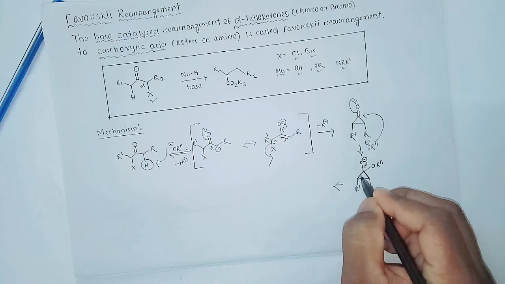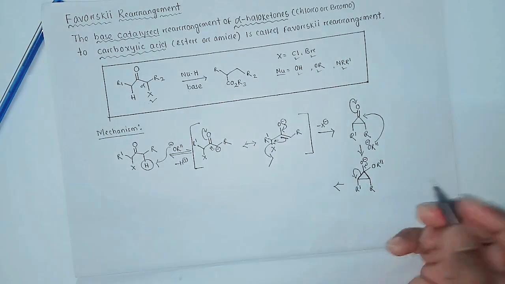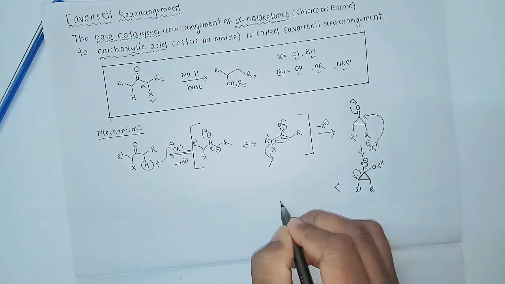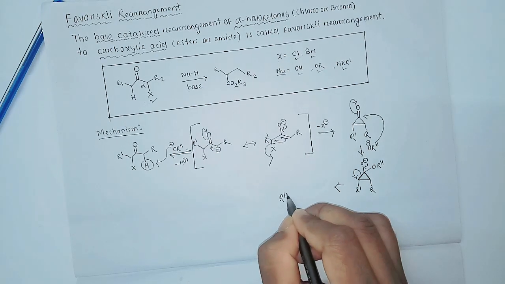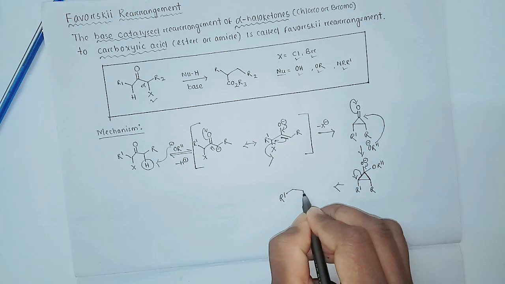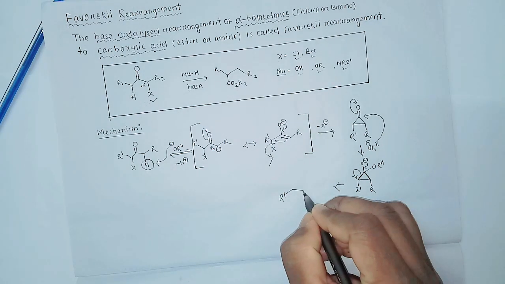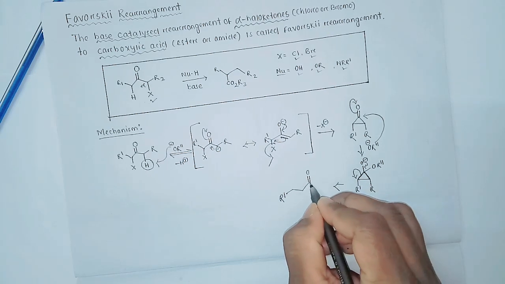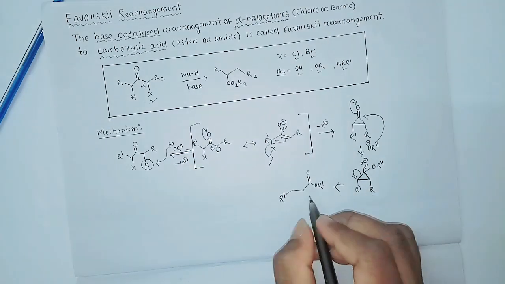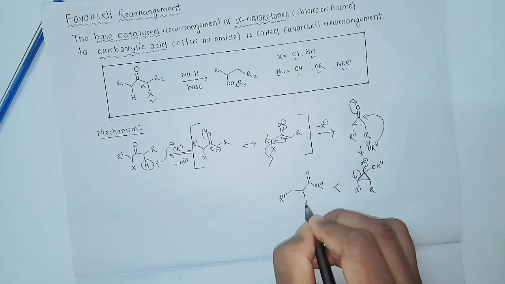Then this bond will be removed on this side, then we get R dash, double bond O, this is R dash and this is the R group.